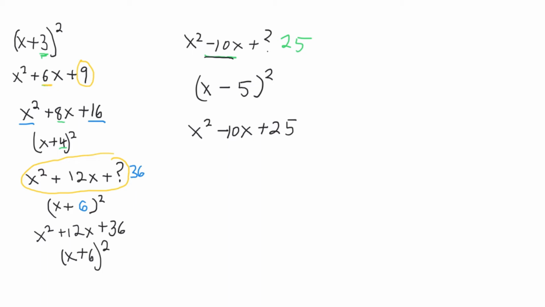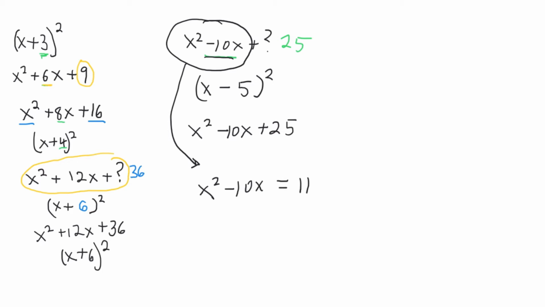So if I take this same piece that we started with up here and put it into an equation, let's say I have x squared minus 10x equals 11. Well, I already know that I need to add 25 so that this is a perfect square trinomial.